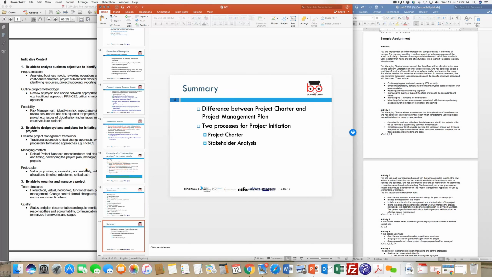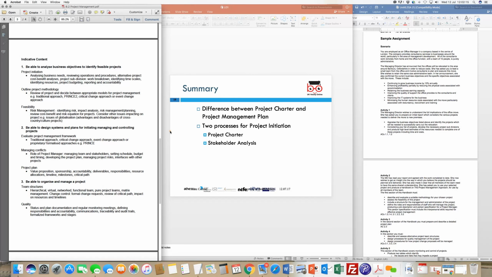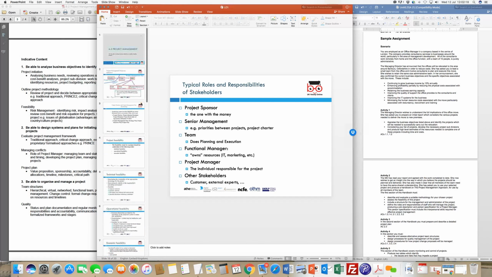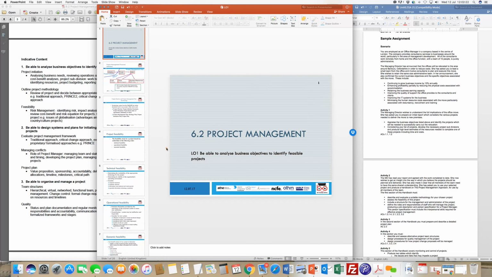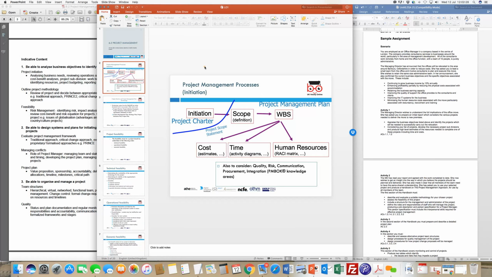I'm going to stop here for today, and I think this will basically cover just the first learning outcome, which is to understand the business objectives of how project feasibility is determined.